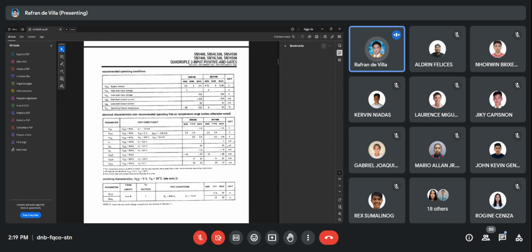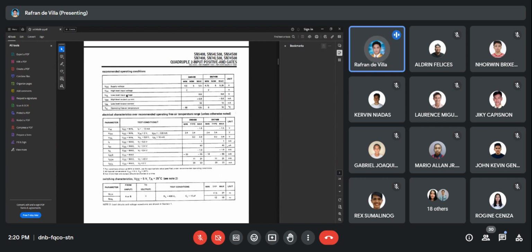Okay? What we did last time was just an introduction to circuits, basic circuits. Once you are exposed to digital circuit design, you will be using many ICs for the activities. Okay? Now, let's try to identify the following specifications shown in our data sheet.